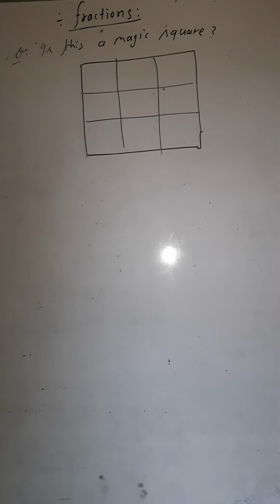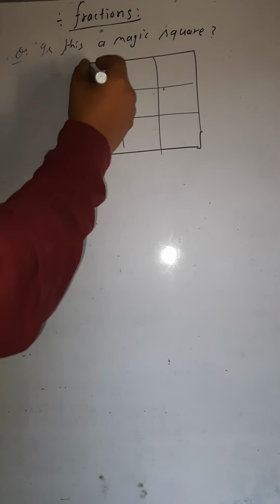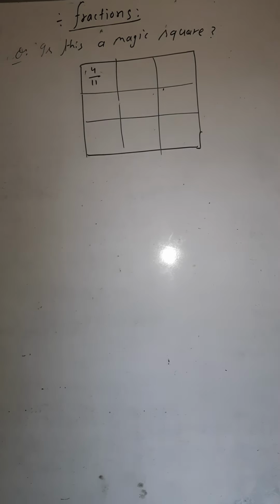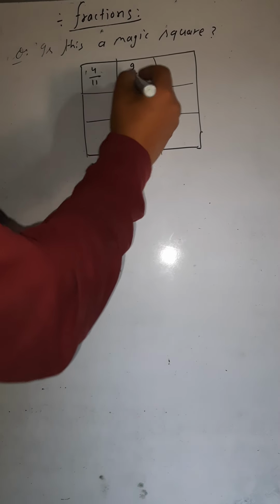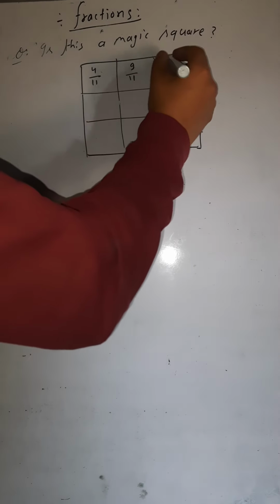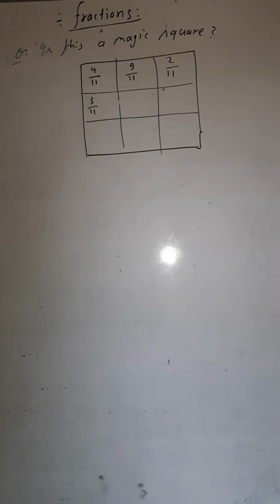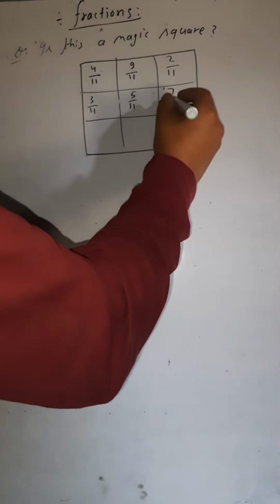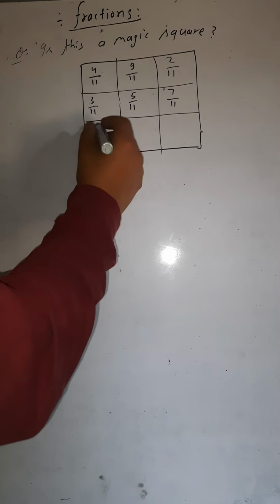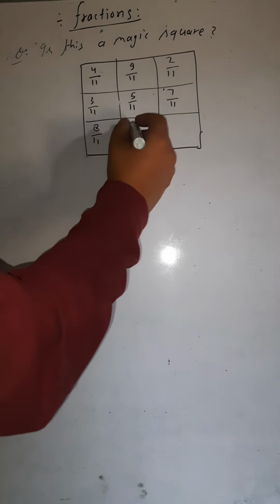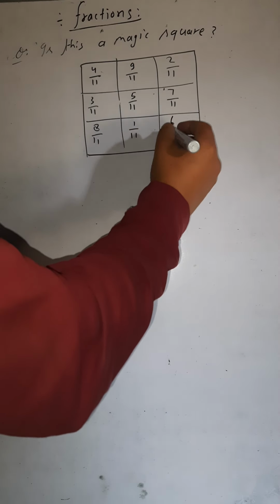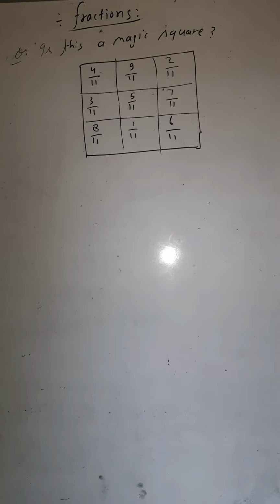The numbers here are: first 4 by 11, 9 by 11, 2 by 11. Then 3 by 11, 5 by 11, 7 by 11. Then 8 by 11, 1 by 11, and 6 by 11. So first you have to show whether this is a magic square.